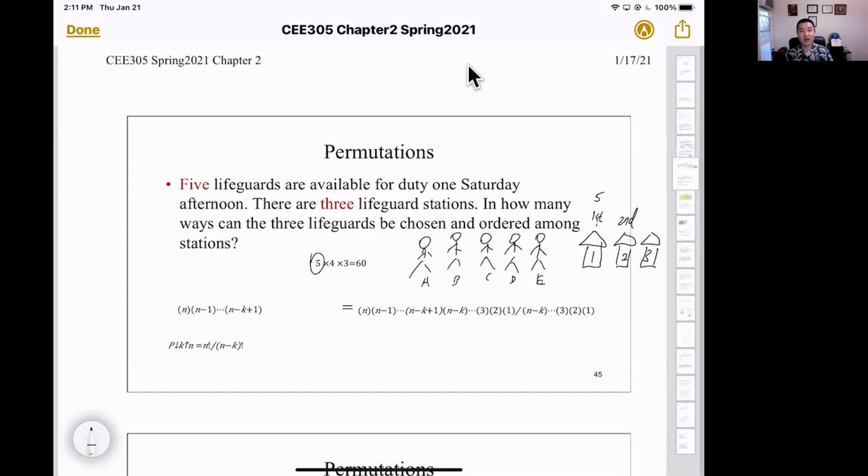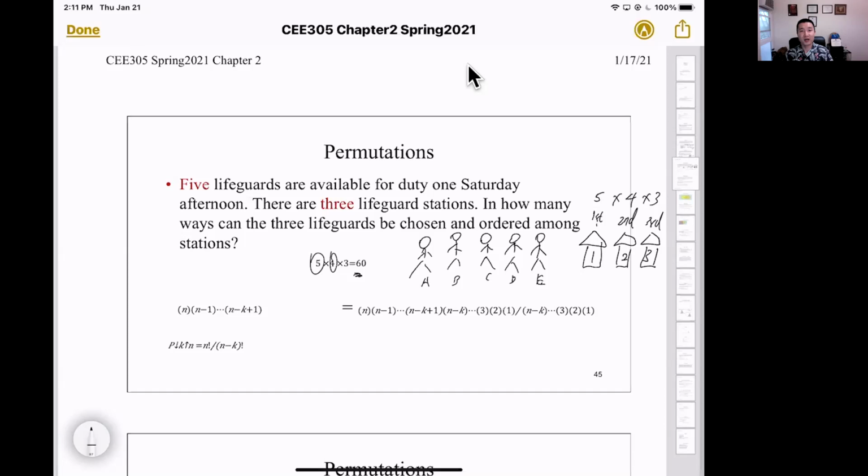So we have 4 choices only. So 5 times 4. And then for the third station, we only have 3 lifeguards to choose from. So 5 times 4 times 3. So 60 different ways.